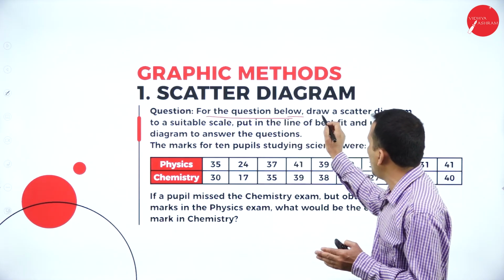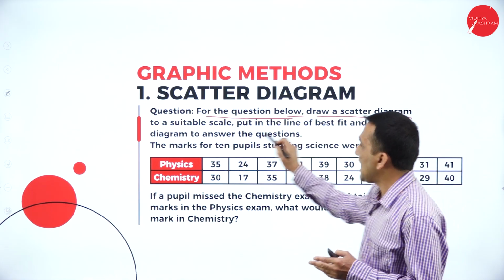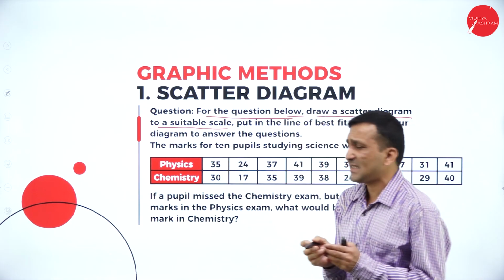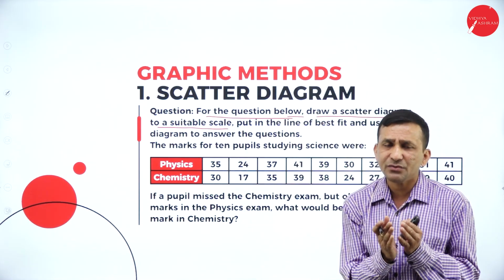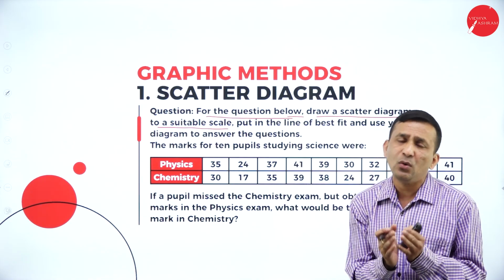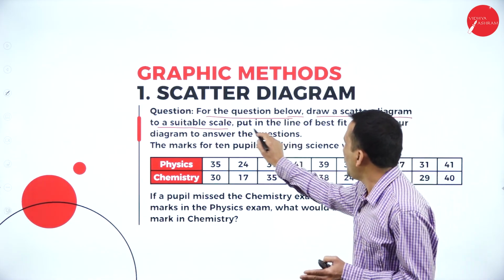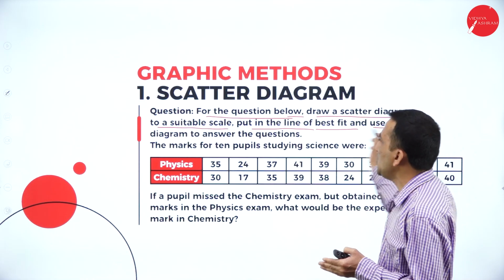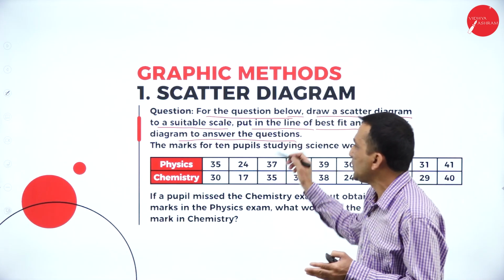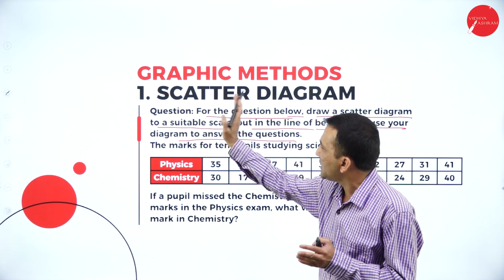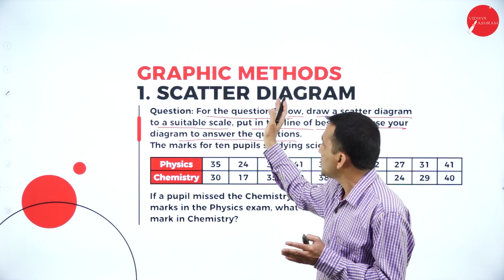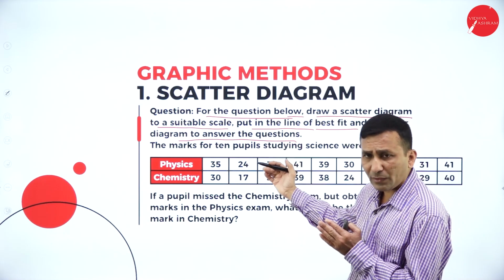For the questions below, draw a scatter diagram to a suitable scale. Based on the data, based on the numbers, we decide what scale we need to select. Then put in the line of best fit and use your diagram to answer the question. So now it is very clear: you need to draw the scatter diagram using the information.